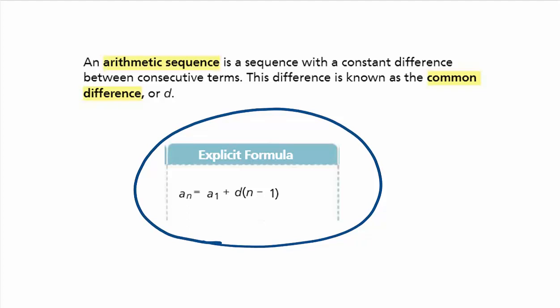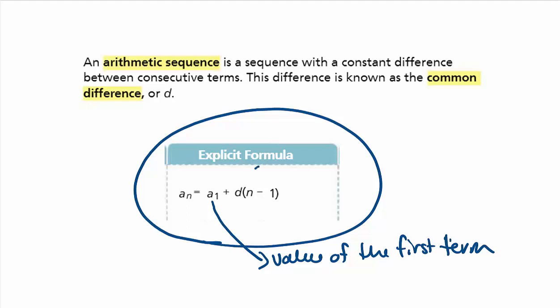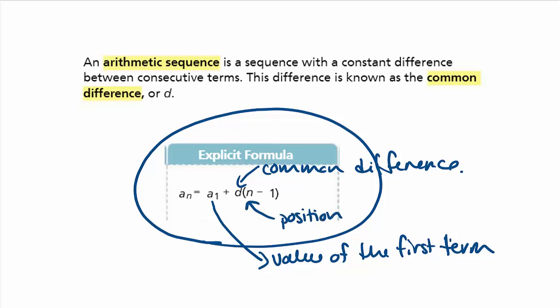So let me go through what each value here means. We have our a sub 1, which is our value of the first term. We have our d, which is our common difference. And then our n is the position of a term.